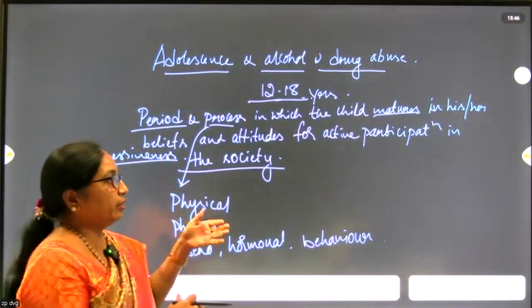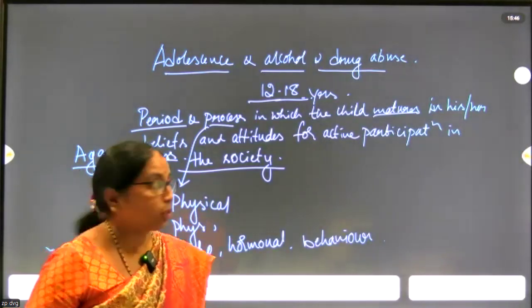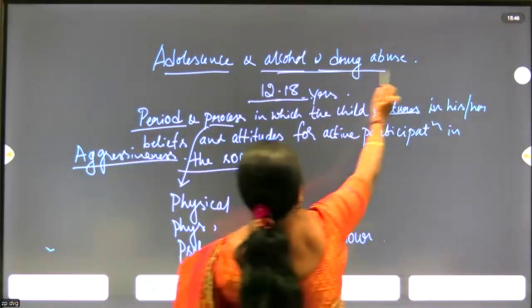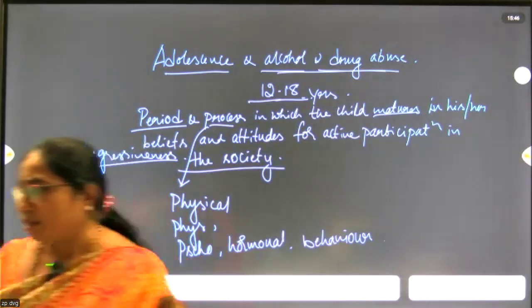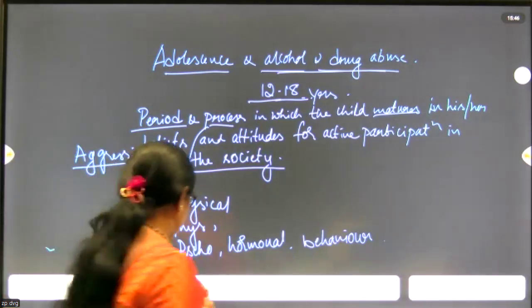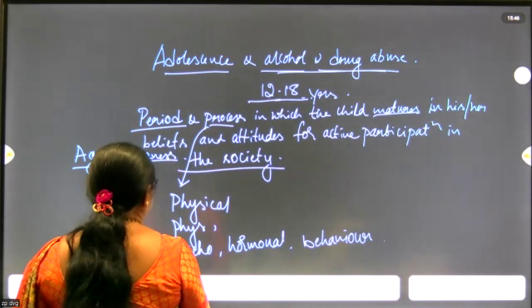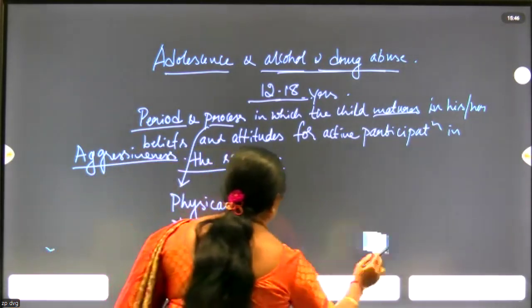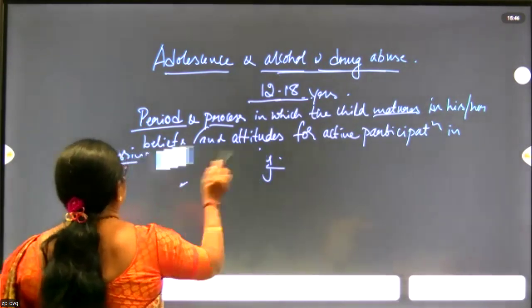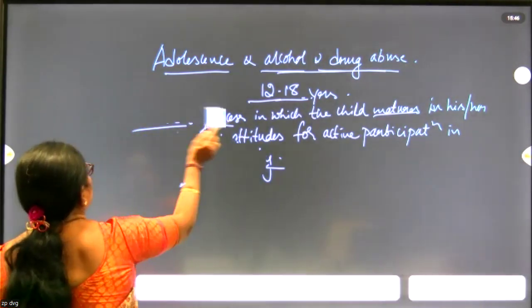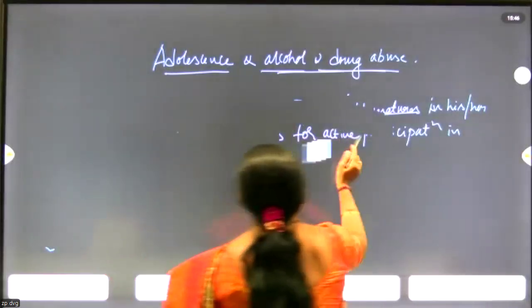In this period, there are all chances that a person may get into the vicious circle of alcohol or drug abuse. What are the reasons why an adolescent gets into the vicious circle of drugs or alcohol? Let us look into the reasons.